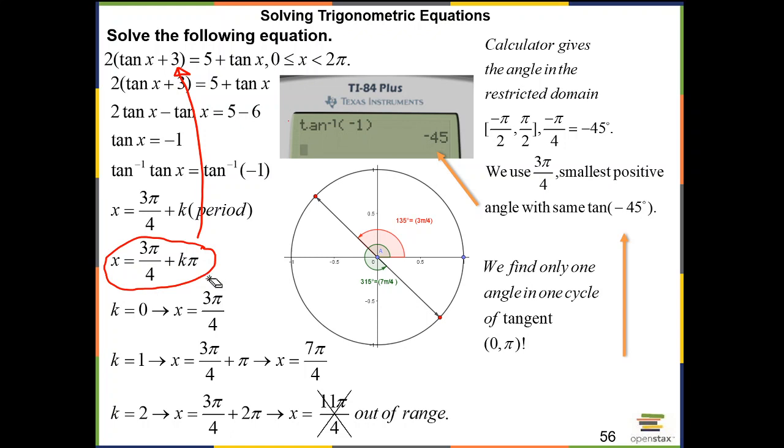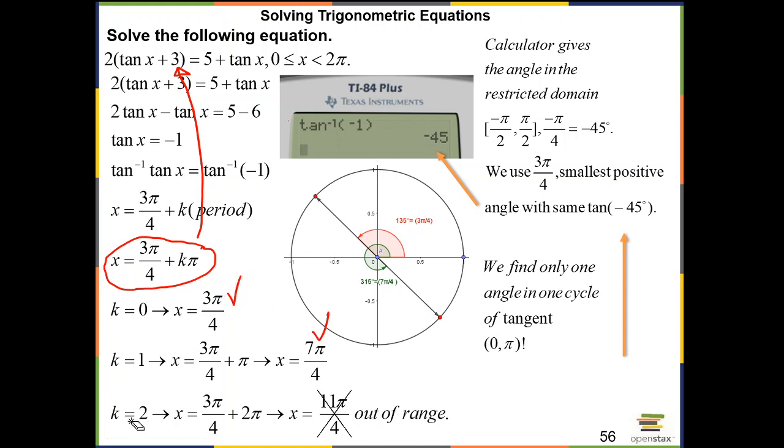All right, so what are the solutions in 0 to 2 pi? Well, we start by substituting 0 for k, we get that. If you put 1 for k, we get 3 pi over 4 plus 1 times pi, which is 7 pi over 4, and 7 pi over 4 is still in this region. It's less than 2 pi. So this is good, and this is good. That's 2 solutions.